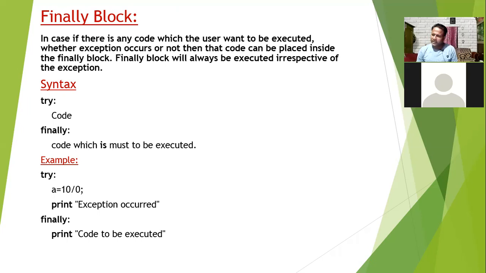Basically this finally block is used to close the predefined class object. If you are creating some predefined class object, then for closing that object and making it available for other purposes, you use this finally block.